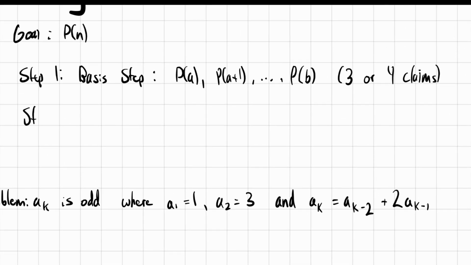Now, step 2 is the induction step. The key difference here is you're going to assume the kth level, but you're also going to assume everything up to the kth level too.